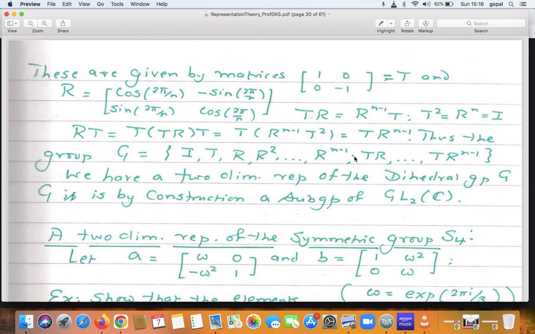And then RT will be T R to the power minus 1. That's easy to check, and I have given the equations here. And so we got a non-abelian group of order 2n. This is the group of symmetries of a regular polygon with n sides. This is called the dihedral group of order 2n. The dihedral group of order 2n has been realized as a subgroup of GL2R, and so it's a subgroup of GL2C.